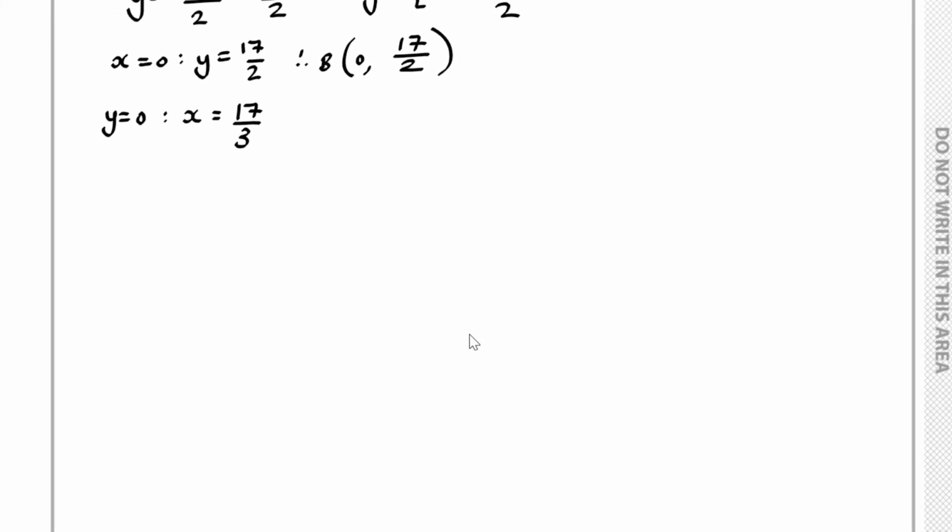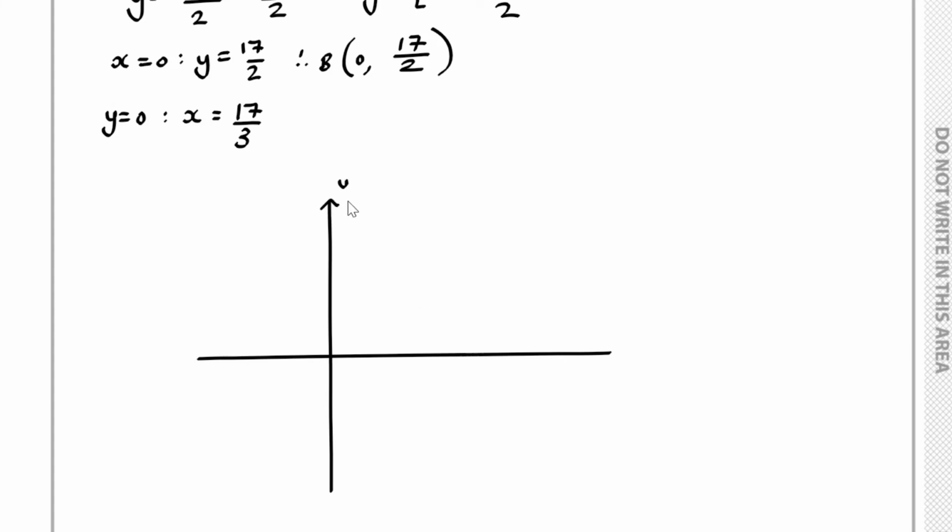Okay, so let's draw a diagram to help illustrate what's going on so far. So we've got here our coordinate axis, like so. We've got y here, x here. Okay, so we've got the line L. I'll draw that in blue. So that looks something like this. It doesn't have to be 100% accurate.